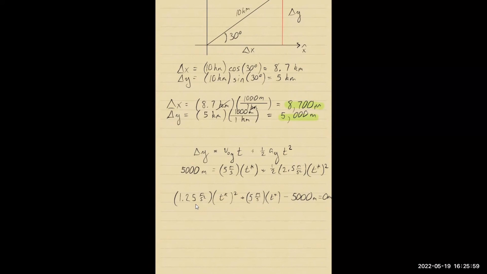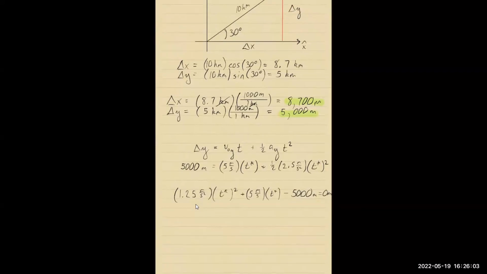And in order to solve it, we're going to need the quadratic formula, which says that t star is equal to minus b plus or minus the square root of b squared minus 4 times our value for a times our value for c, all divided by 2 times a.